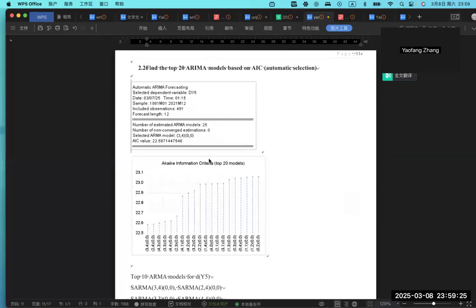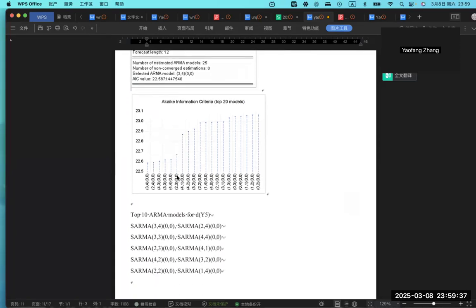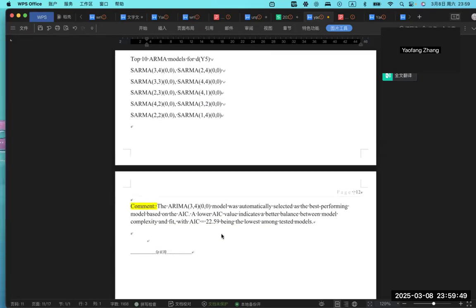The best performing model based on AIC is SARIMA 3-4, and the AIC value is equal to 22.587. From the AIC, we can see the top 20 models in this graph. We pick up the top 10 ARIMA models for DY5, that is over here.